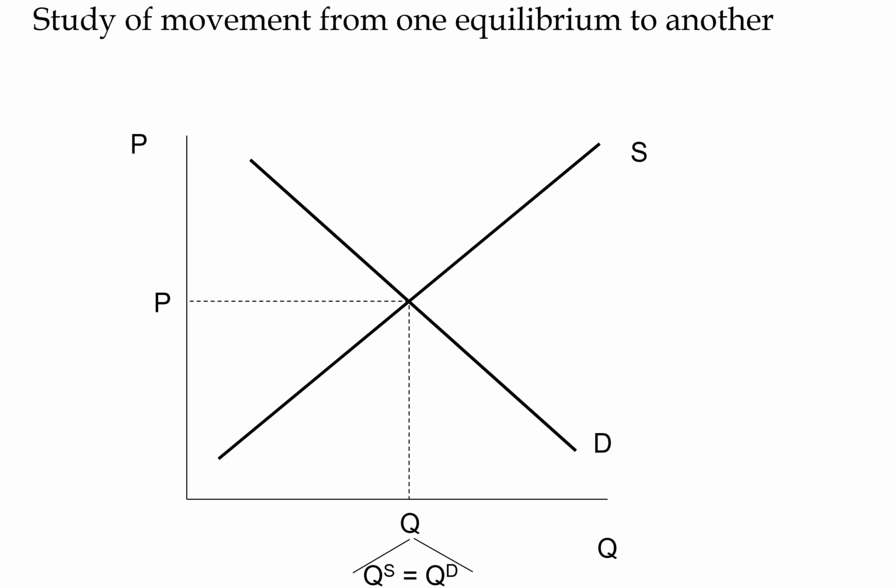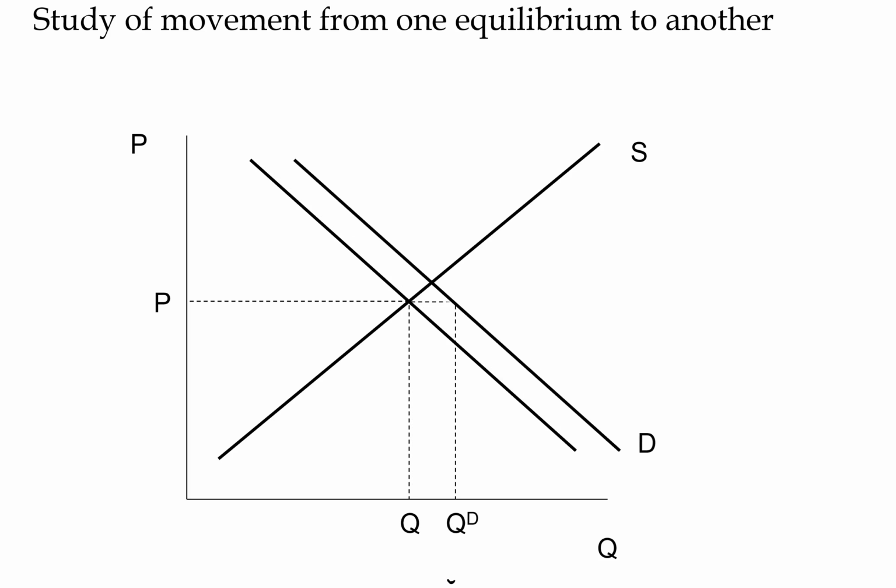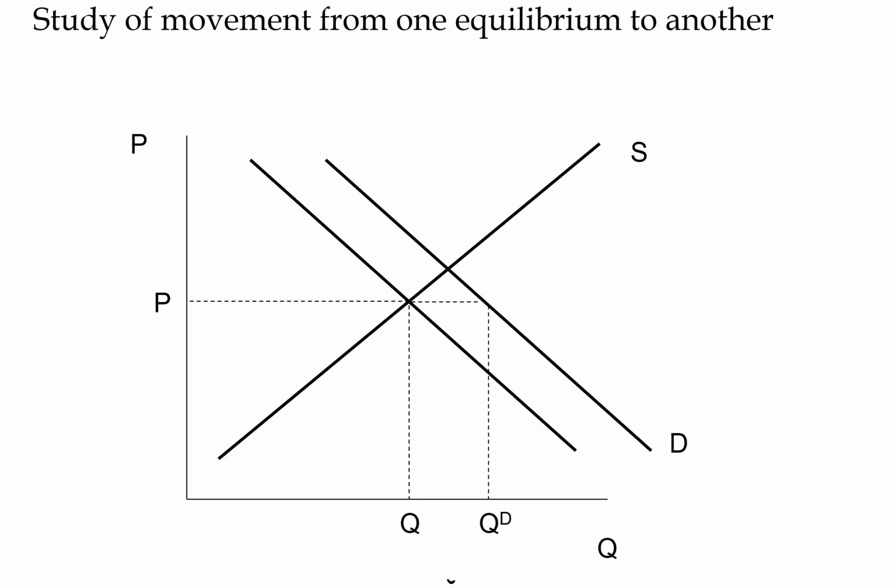Now, what if, let's say, consumers get more income, and this is a normal good, so they demand more. That's going to shift the demand curve. Now, keep your eye on demand here. When I shift the demand curve to the right, look what happens. Notice how demand is changing, but quantity supplied hasn't changed because price hasn't changed and the supply curve hasn't changed.